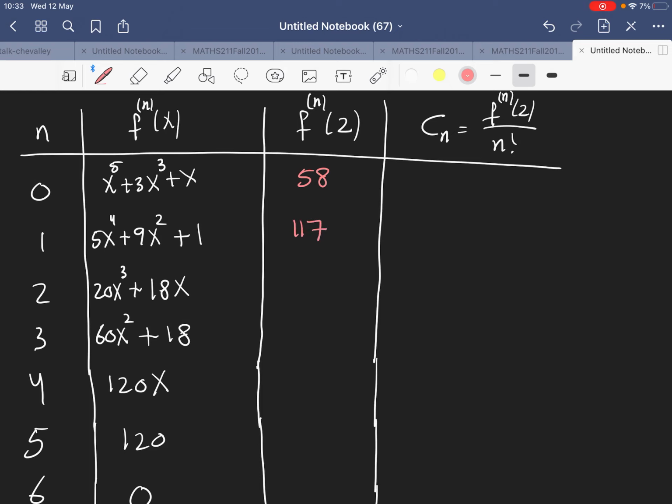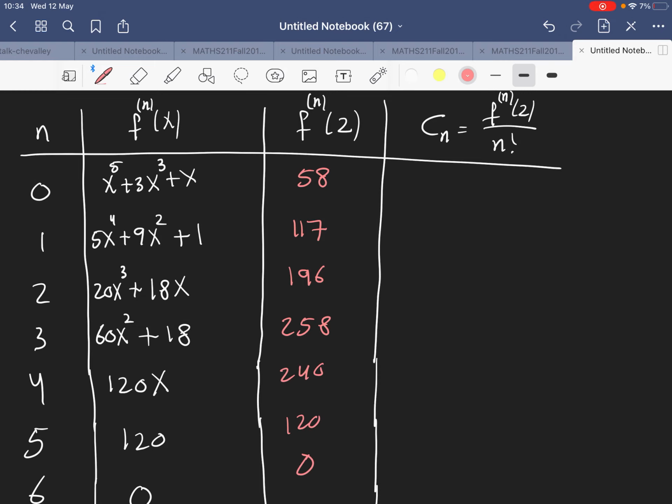Next one will be 20 times 8 plus 18 times 2, and that's 196. And then 60 times 4 plus 18, 258. And then we have 120 times 2, 240.